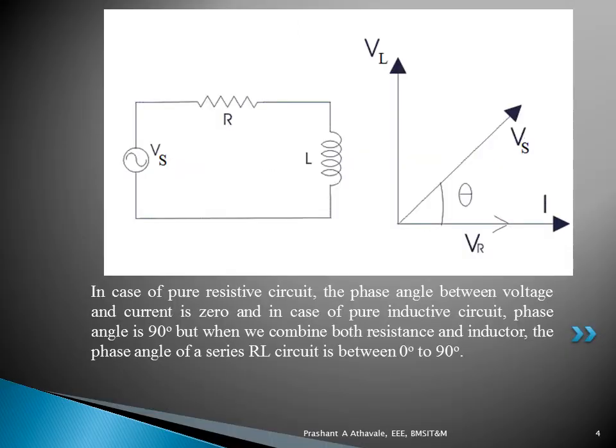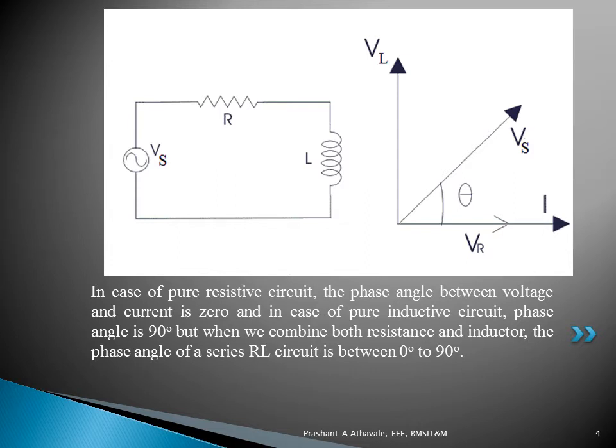Again, going back to the same resistor in series with the inductor, you can see there is a phasor diagram shown where VR, VL and VS indicate the voltage across the resistor, the voltage across the inductor, and the supply voltage VS, all shown through the phasor diagram.